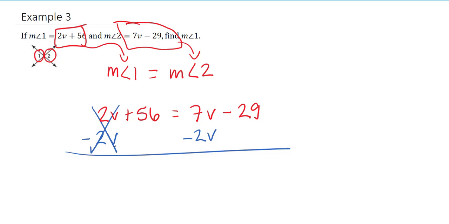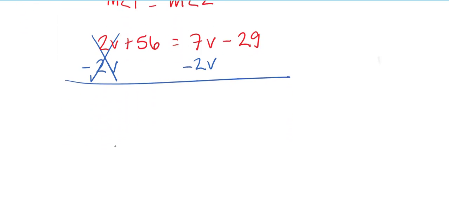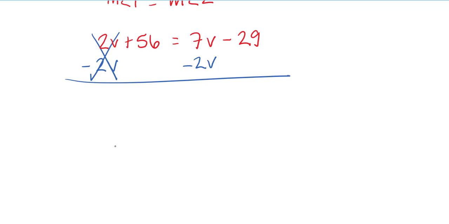This gets rid of it on the left-hand side, and we have to do whatever we do to one side to the other. Now we have 7 minus 2, so that's 5v. Now we have minus 29 and 56 on this side.